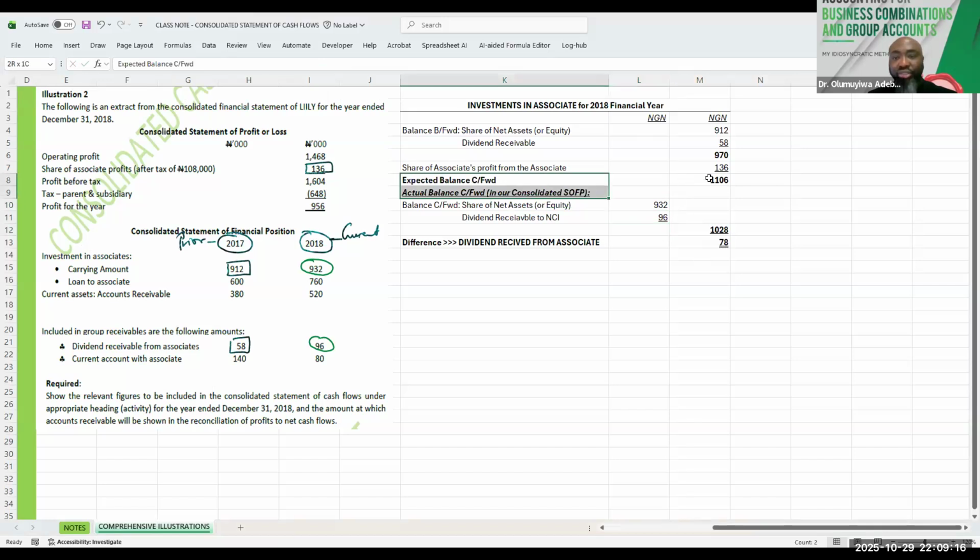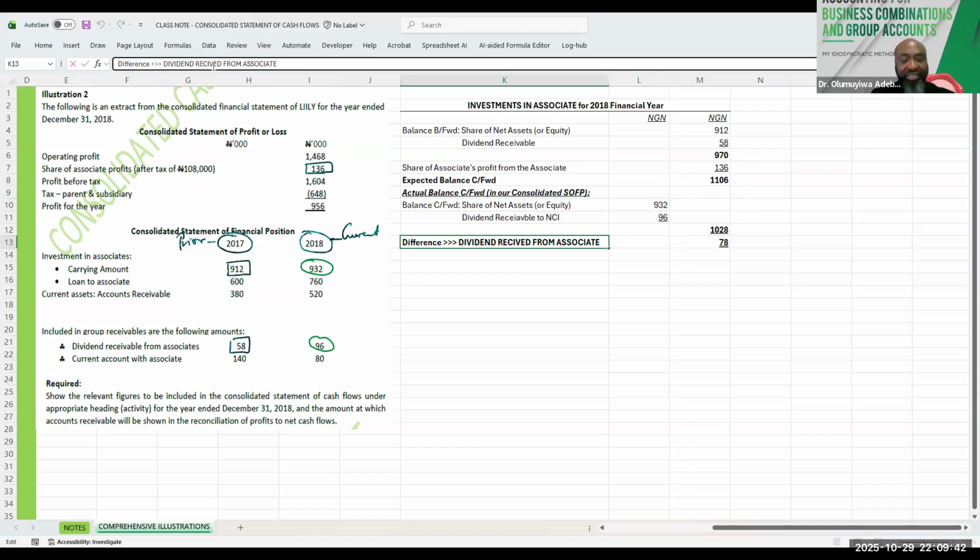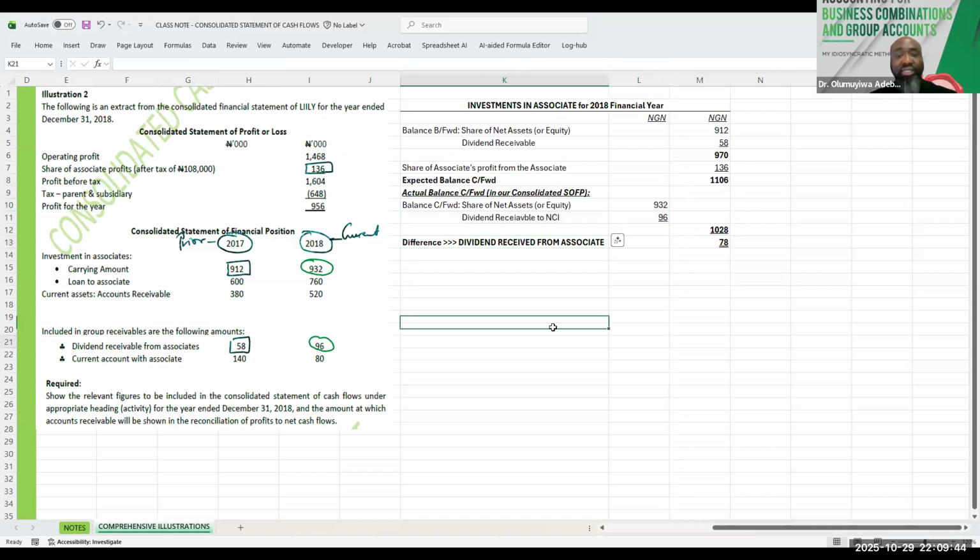What I expect my balance to be, all things being equal, after aggregating the share of profit this year with my opening balance, is supposed to be 1,106. But what is reported in my balance sheet at the end of the year is 1,028. All other things being equal, the only thing that will have reduced my balance is the amount of dividend I've received from the associates in that year, which in this case, the difference is 78.